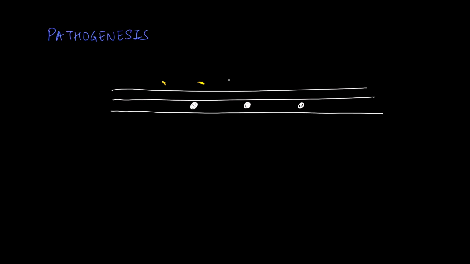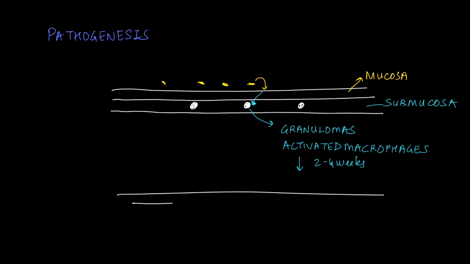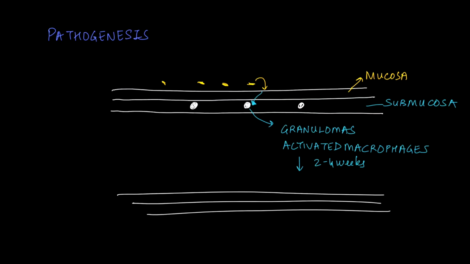So, if these are the Mycobacterium tuberculosis, once they enter the gastrointestinal tract, they infect the mucosal layer, following which they enter into the lymphatic tissue, invade the lymphoid tissue in the submucosa, leading to the formation of granulomas, activated macrophages, and after 2 to 4 weeks, these granulomas undergo caseous necrosis, which can lead to spread deeper or can lead to formation of ulcer.